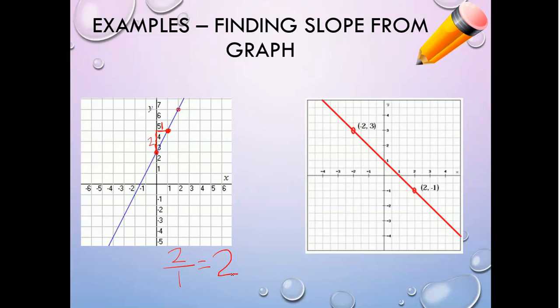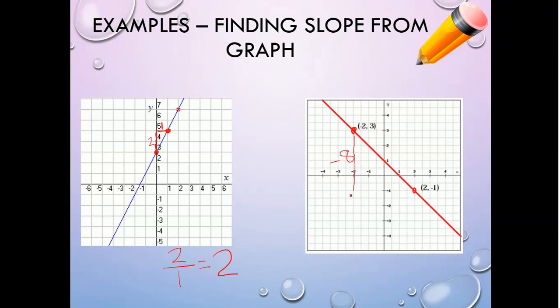Let's find it on this one. I'm going to start at my leftmost point here, and it looks like it needs to fall. How many times am I going to fall? 1, 2, 3, 4, 5, 6, 7, 8. Looks like I need to fall 8. So fall is subtraction because you're going down.